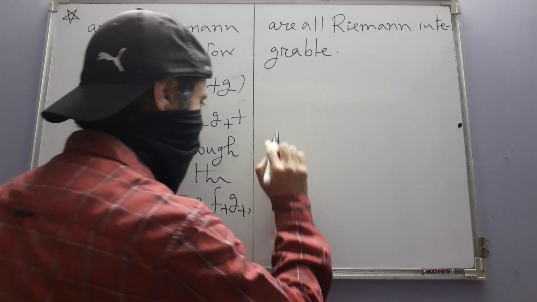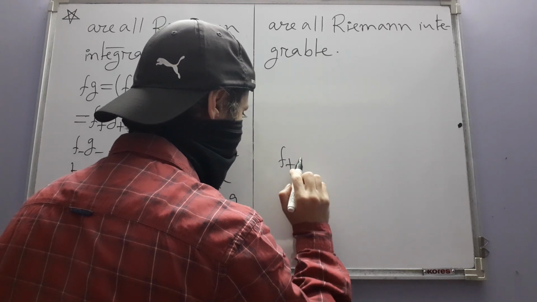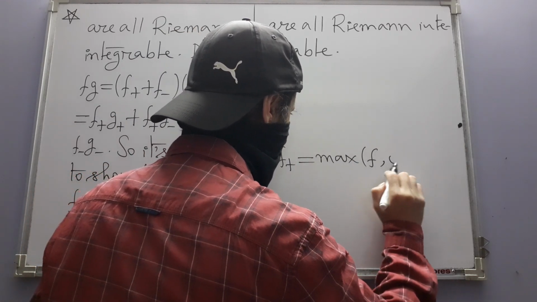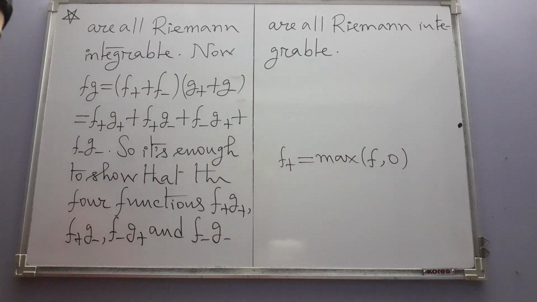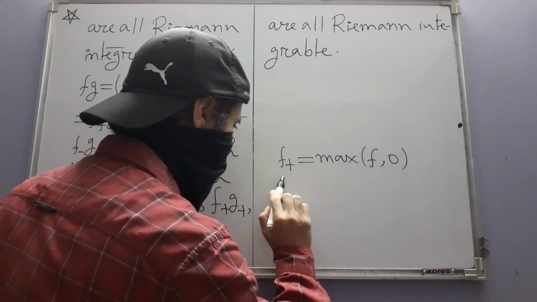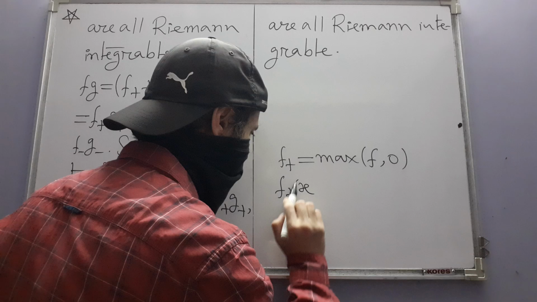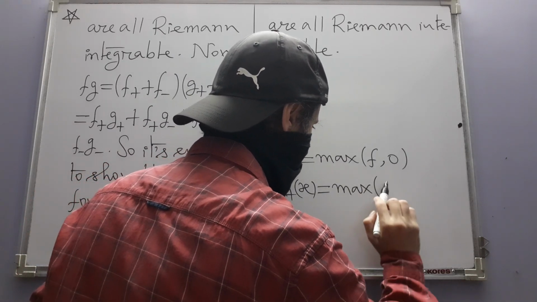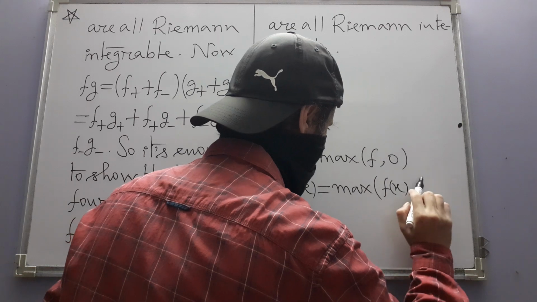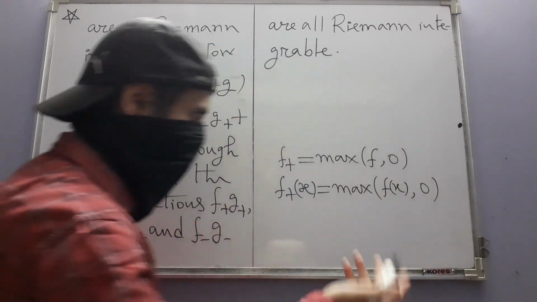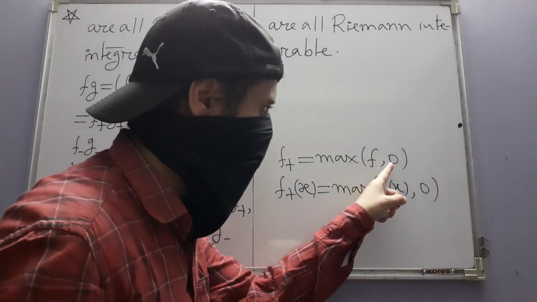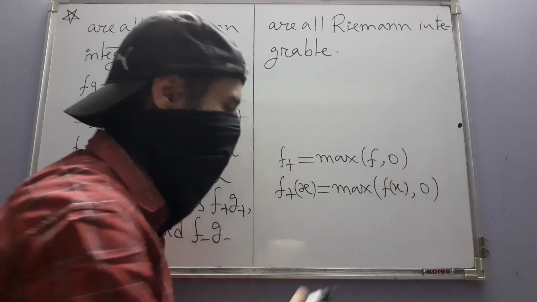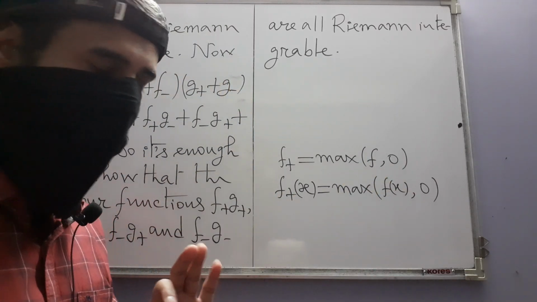Why? What is the definition of f plus? It is the maximum of f and 0, right? So if you calculate this at some point x, then it's going to be the maximum of f of x and 0 of x. Do not forget that this 0 is actually the 0 function whose value is constantly 0 at every real number.